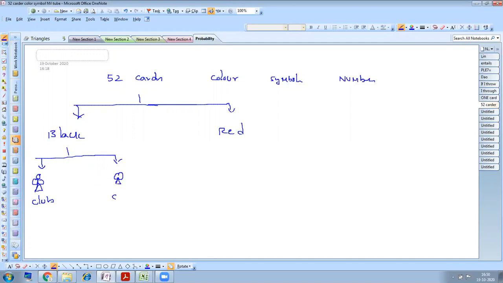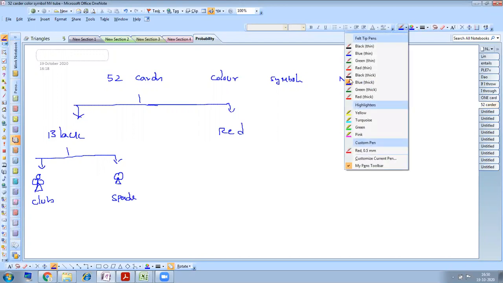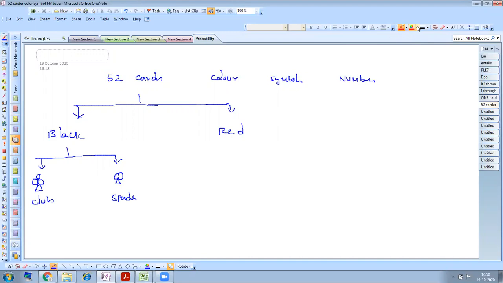This is called spade. And when it comes to red color, we again have 2 symbols in the red color: diamonds and hearts.